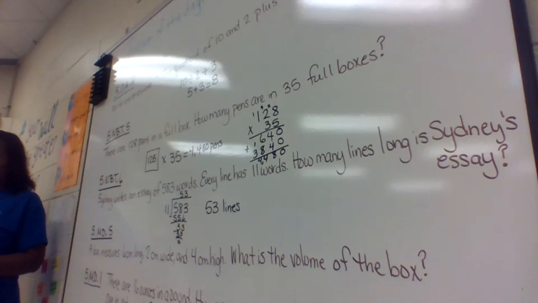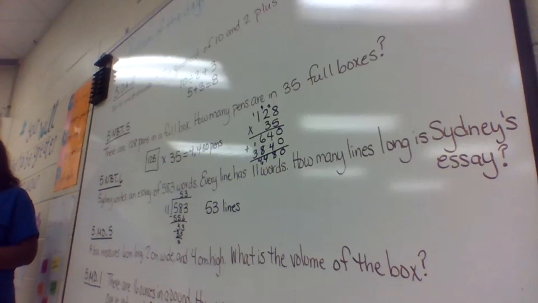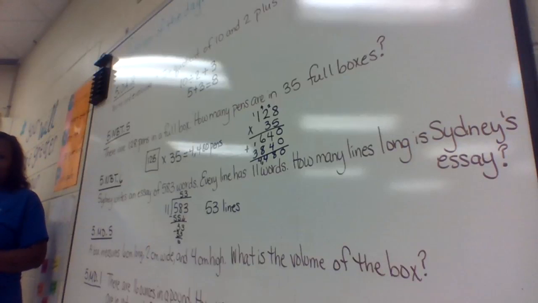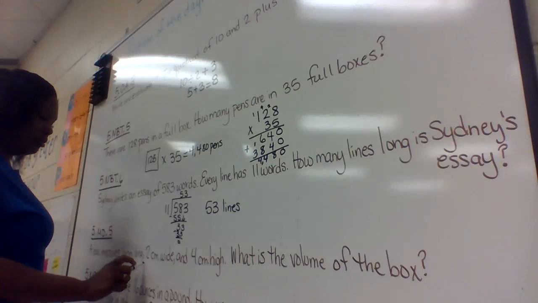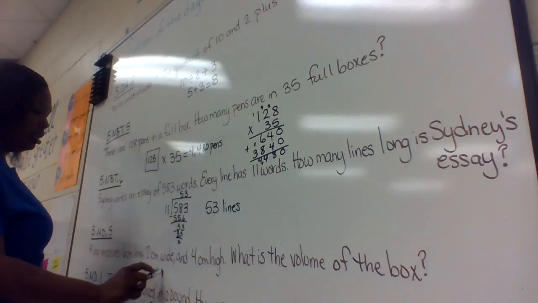All right, number 4. Maya. A box measures 6 centimeters long, 2 centimeters wide and 4 centimeters high. What is the volume of the box? Okay, we're looking for the volume of the box. How do we find volume? Volume equals the length, the height, and the width.